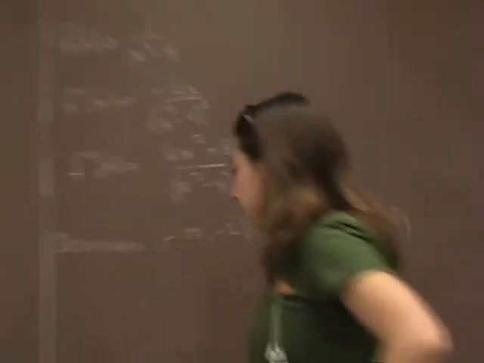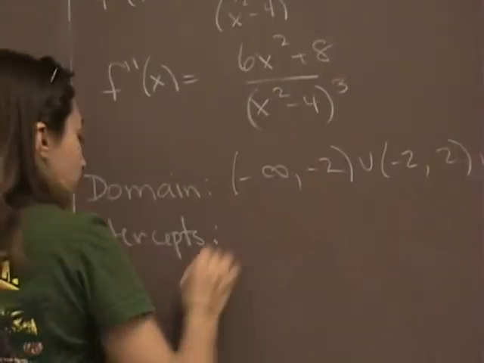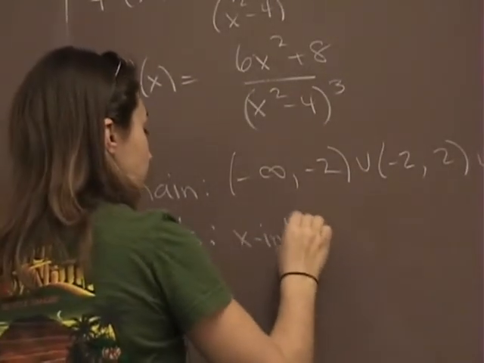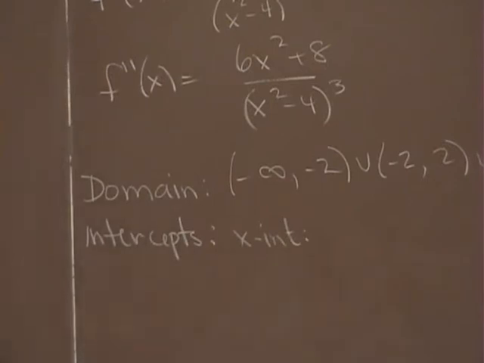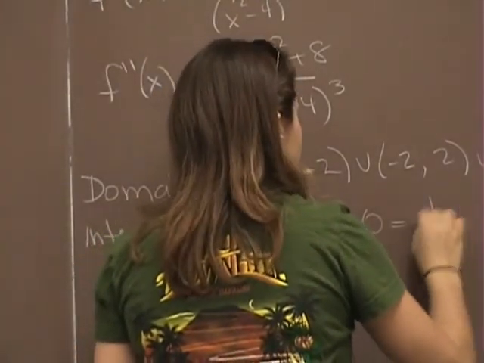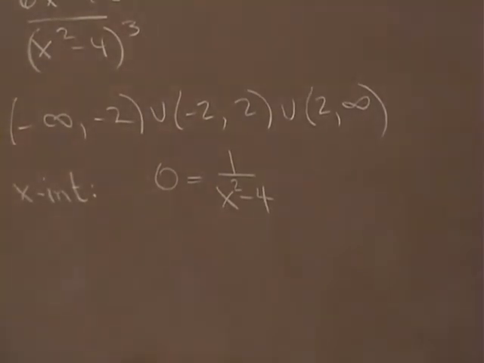What about the intercepts? How do you find the x-intercept? You set the original function equal to 0 and solve for x. So 0 equals 1 over x squared minus 4. How do I solve that for x?